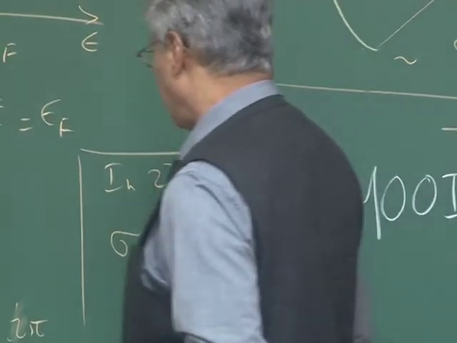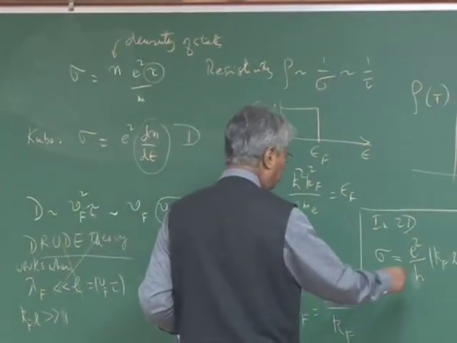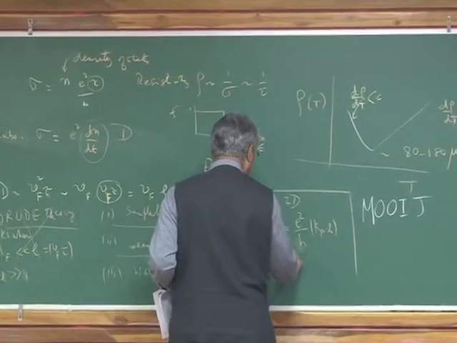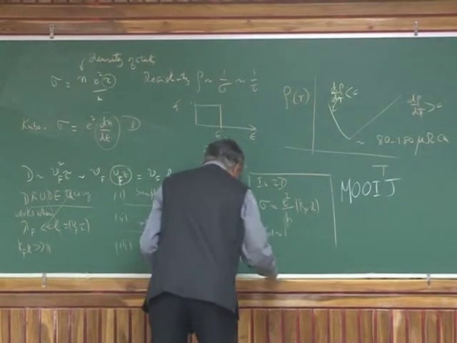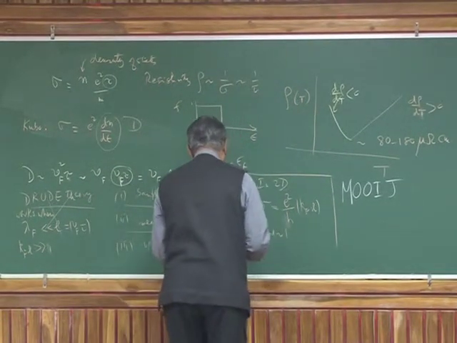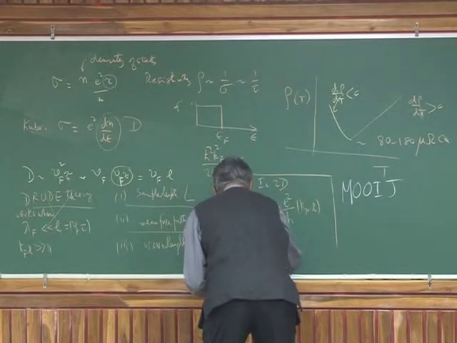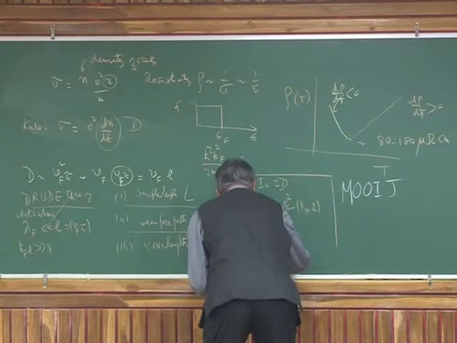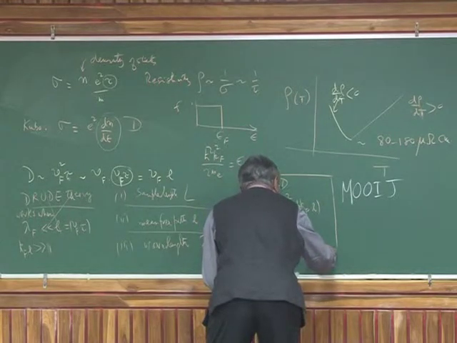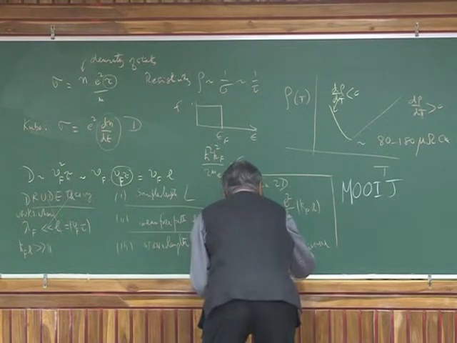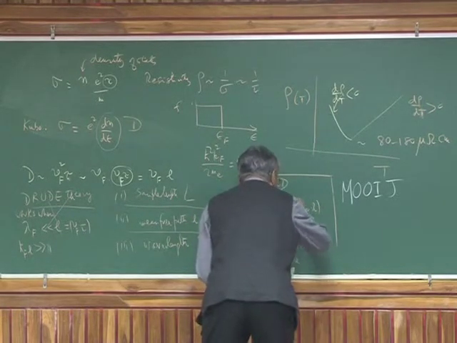So if kF L is of the order of 1, then of course this Drude theory will break down. And so when kF L becomes of the order of 1, sigma is of the order of e squared over h, and then you have a minimum conductivity, and corresponding to that is a maximum universal resistance, which is given by the inverse of this.